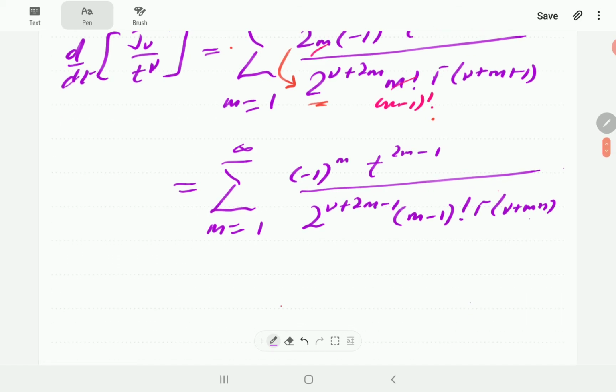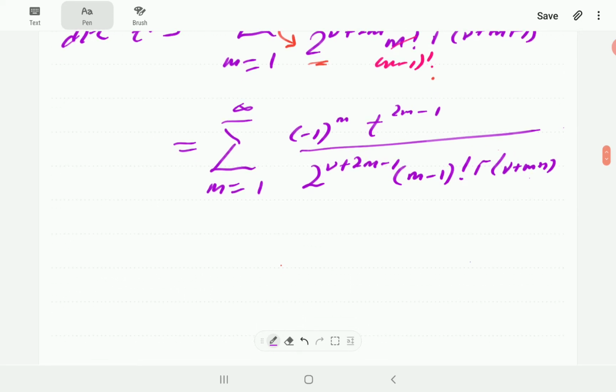Then we're going to have to change our dummy variable. We are going to introduce n equal to m minus 1, which means that m is n plus 1.